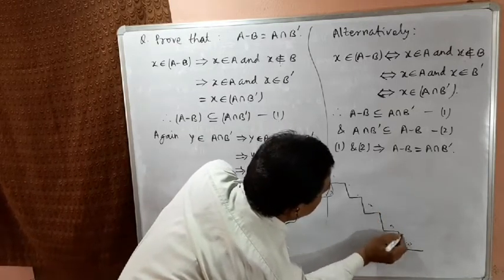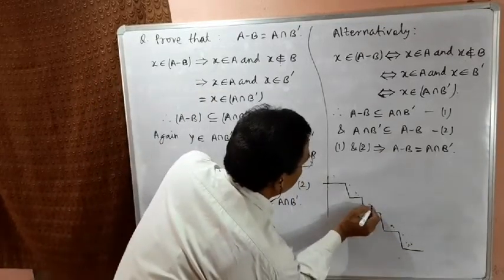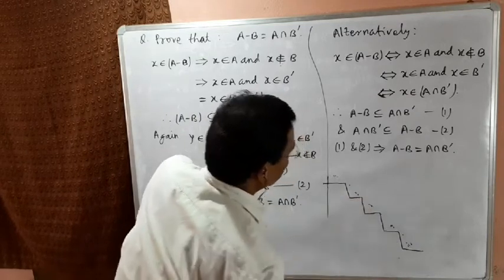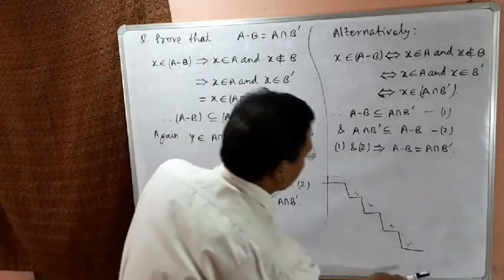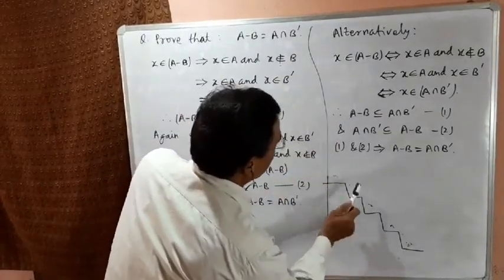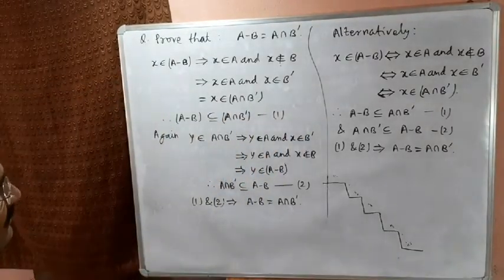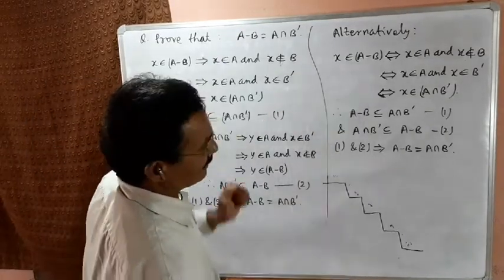In the same way, here to here, again here to here. In this process, actually he had proved that he can reach from here to here and again come back from here to here.